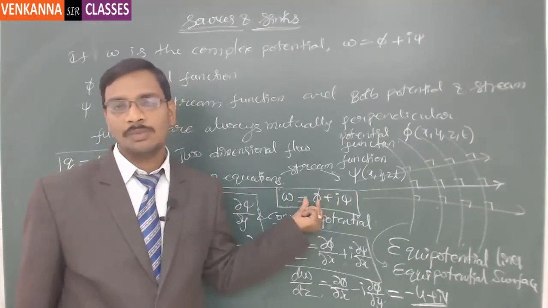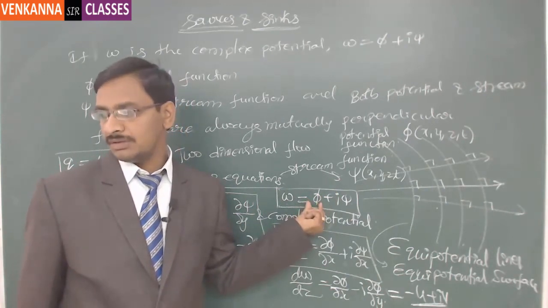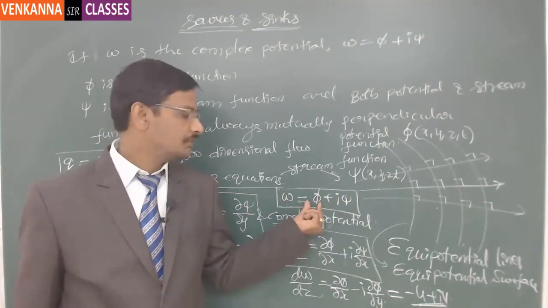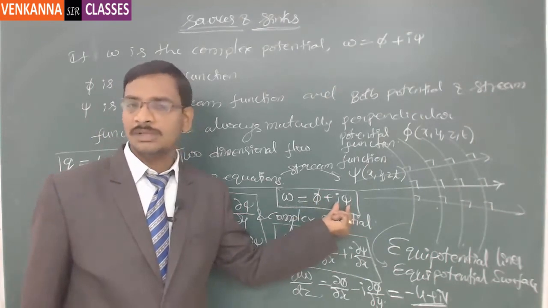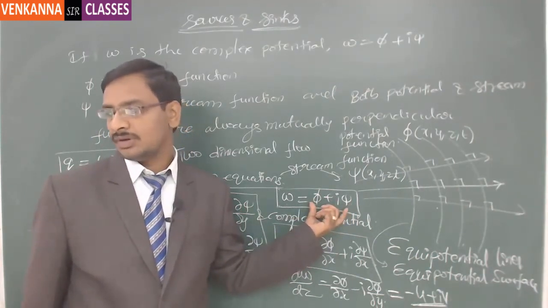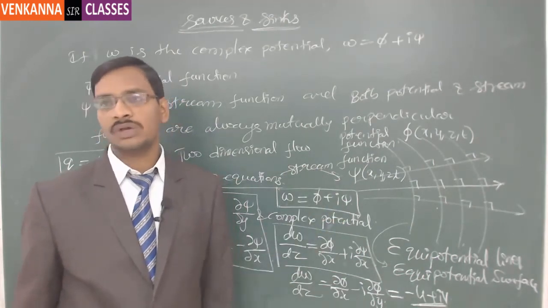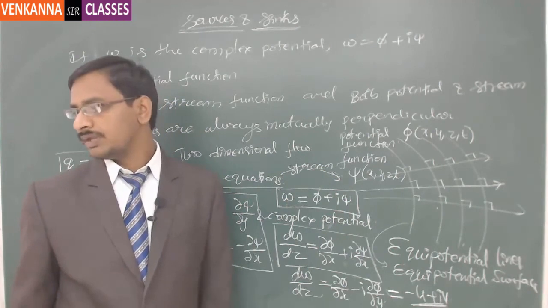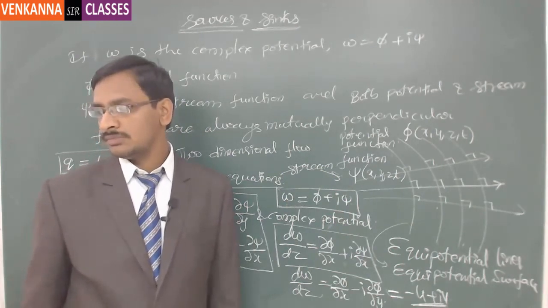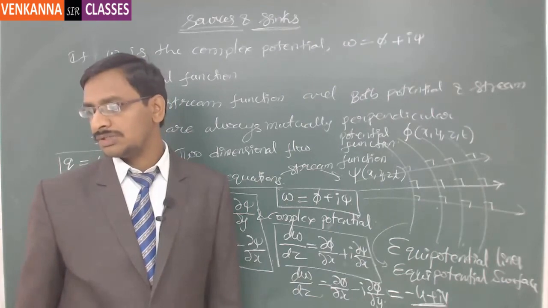The real part will be the scalar potential, phi, and psi will be the stream function. So these two you will identify separately. Got it or not? This is the complete analysis of the two-dimensional flow. That's what we are going to deal with. Any questions on this?